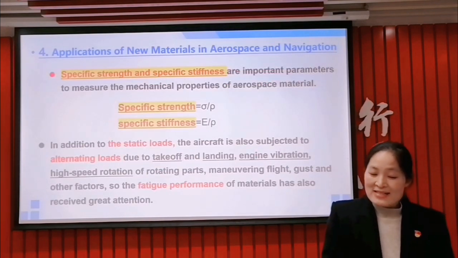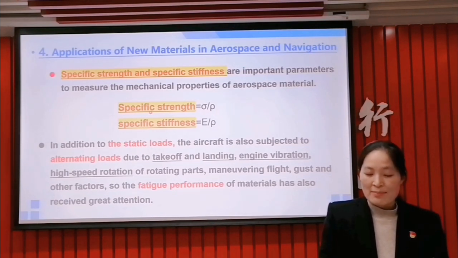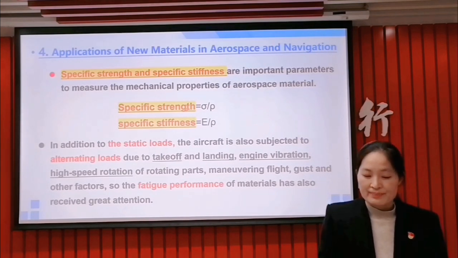Specific strength and specific stiffness are important parameters to measure the mechanical properties of aerospace material. And this is the definition of the specific strength and specific stiffness. For example, specific strength is the ratio of tensile strength to the density of materials.